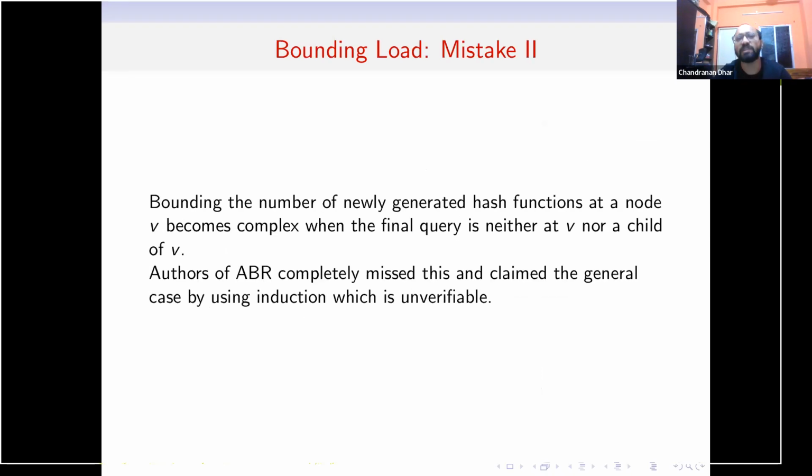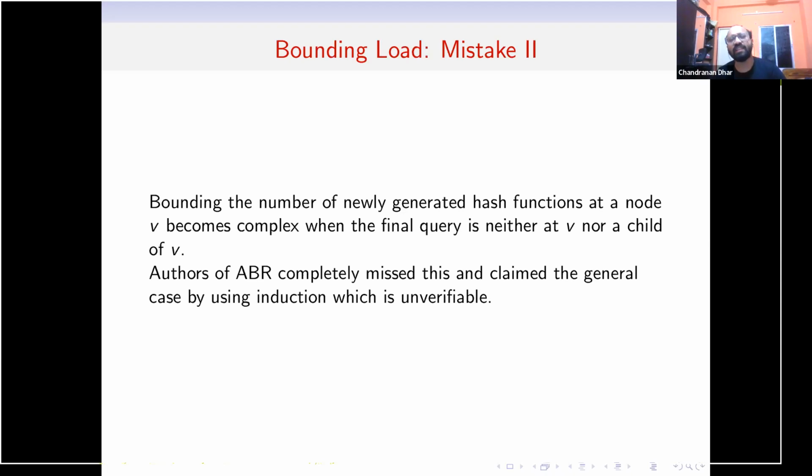But the next mistake that they make, again while bounding the load, is not fixable, we think. Bounding the total number of newly generated hash functions at a node V is very easy when the final query is at that node itself.